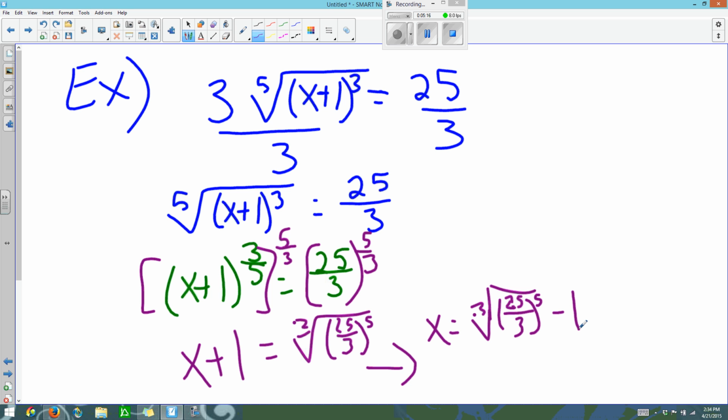Now make sure the -1 is not inside the radical, because what you're doing is you're taking the radical and subtracting the whole thing by 1, not taking 25 divided by 3 raised to the 5th power and subtracting it by 1. Okay?